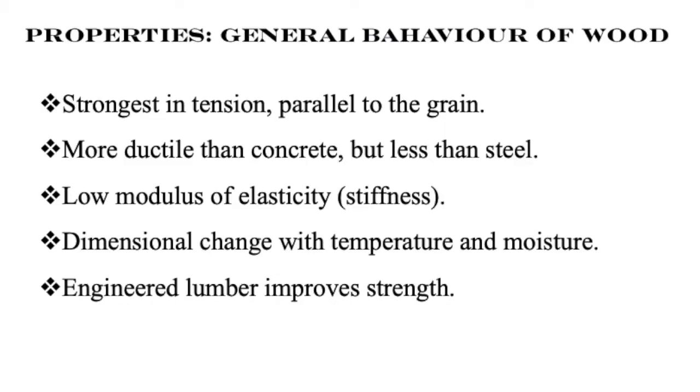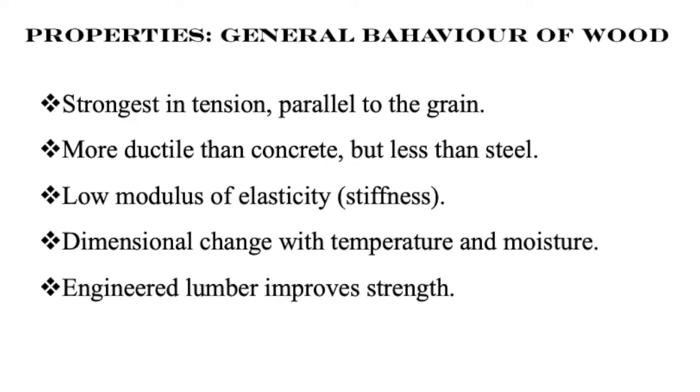In general, when you think of wood compared to other materials like concrete, metals, polymers or composites, wood is unique in that it is strong in tension, which is parallel to the grain, and it is a bit ductile.